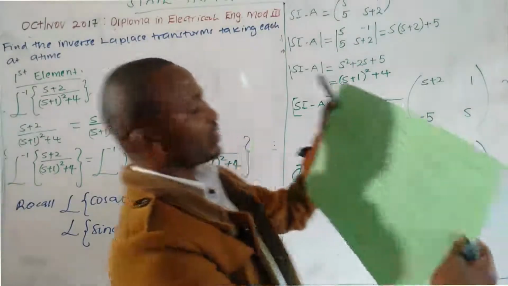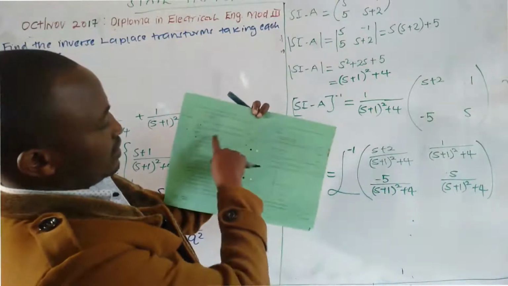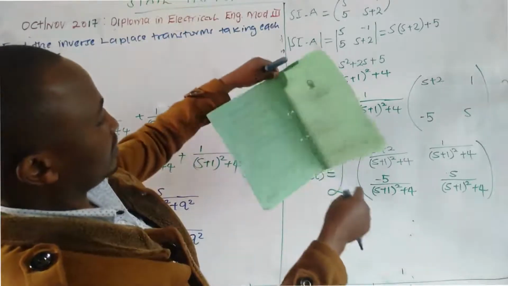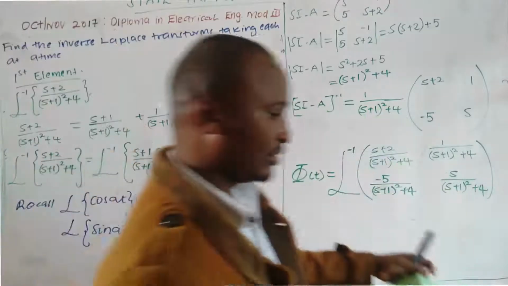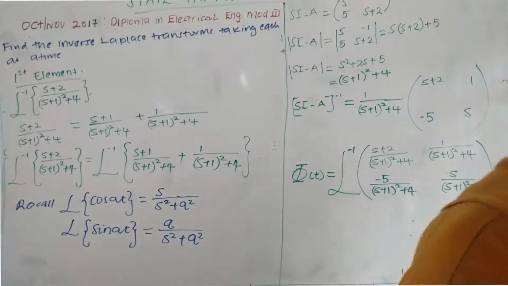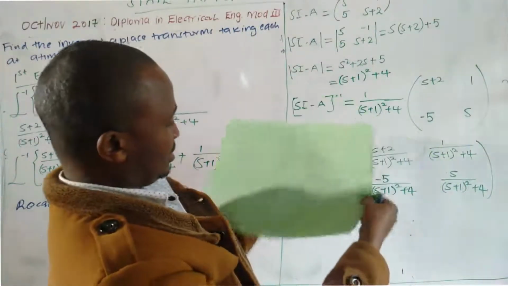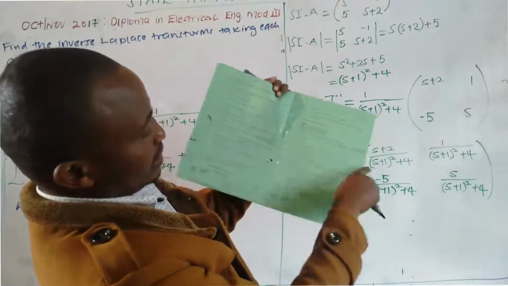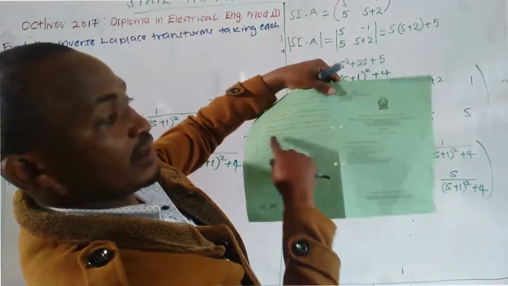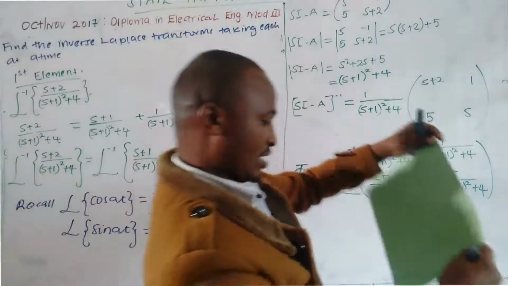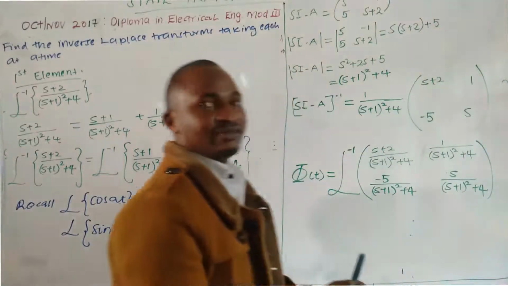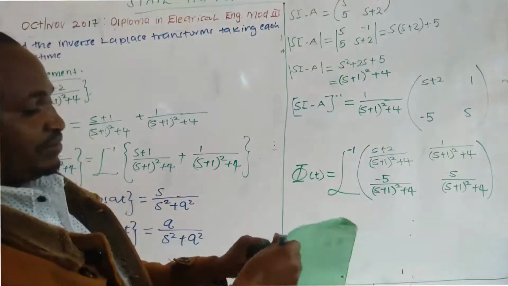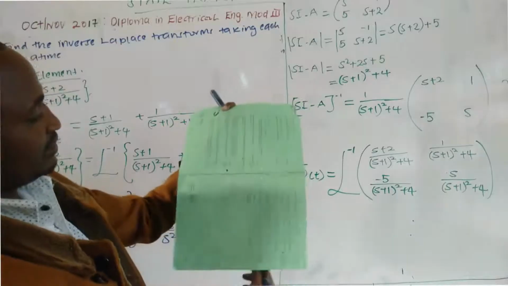For example, notice this one. The table is not there. Let me check again another one. Here, is the table there? The table is not there. Let me add another one here, it had fallen down, so I have to pick it up. Is the table here?